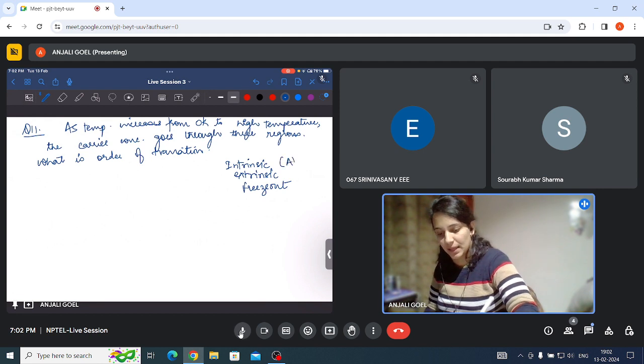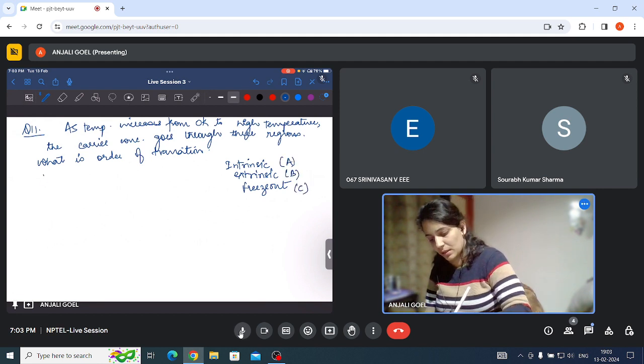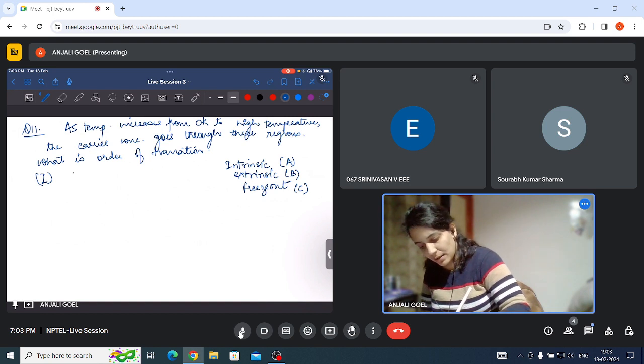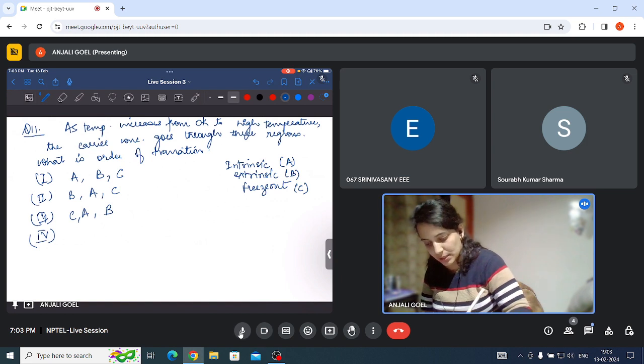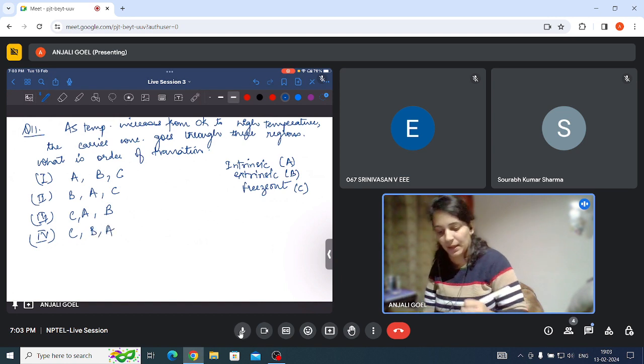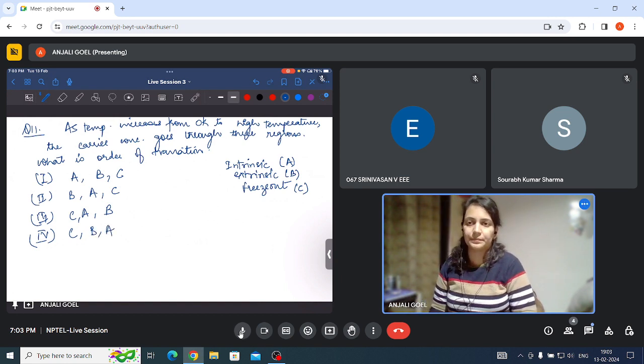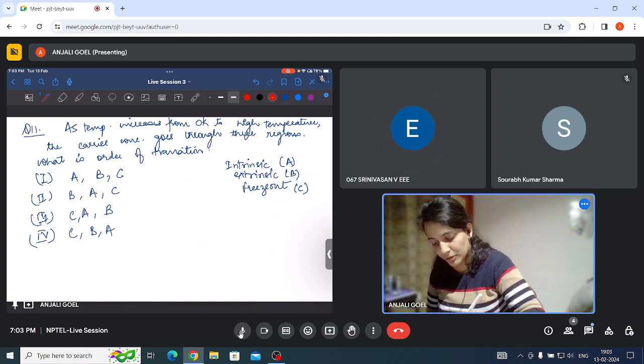So, I'll label them as A, B, and C. Your first option is A, B, and C. Second option is B, then A, then C. Your third option is C, A, and B. And your fourth option is C, B, and A.